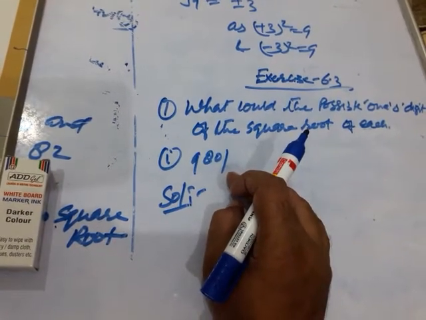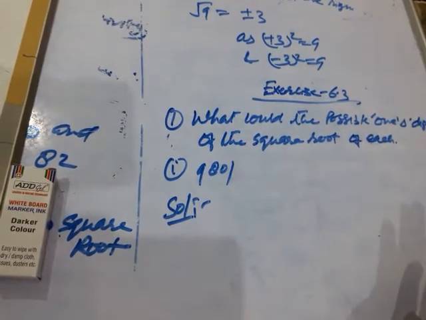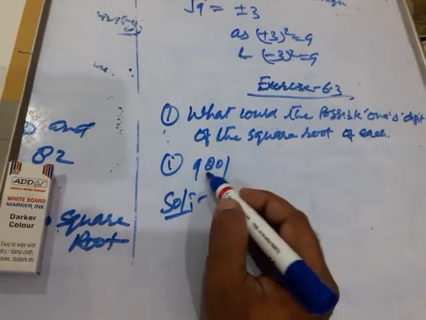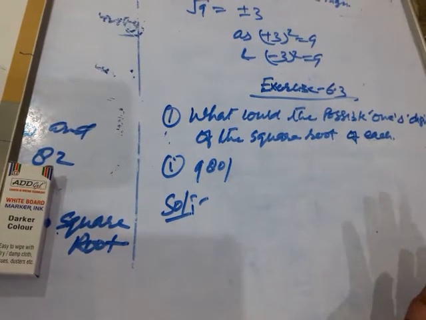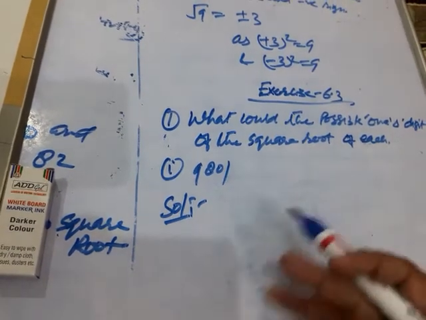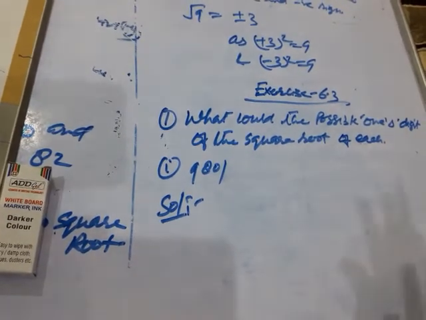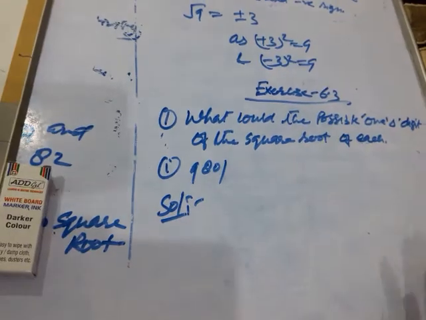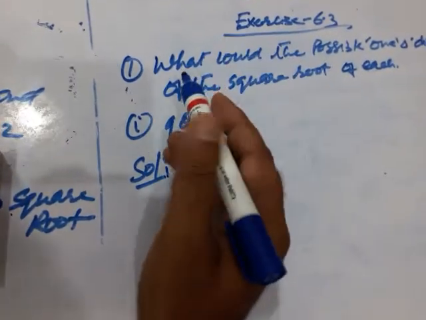So here the just opposite we have to think. 9801 is the number. What could be the possible ones digit, clear, in the square root of 9801? It is obviously 1 or 9. Because see, if we square 1, then again 1 will be obtained. If we square 9, then again 1 will be obtained in one's place. Okay children, so let us write down here.